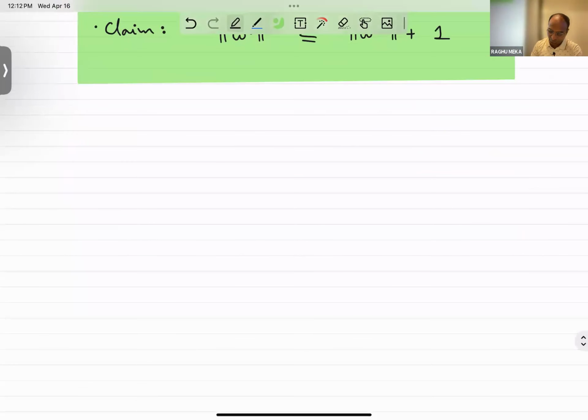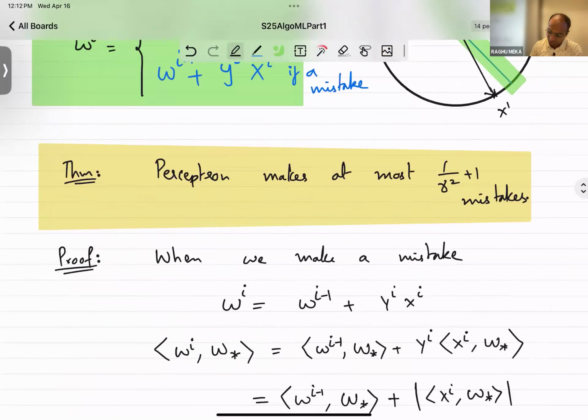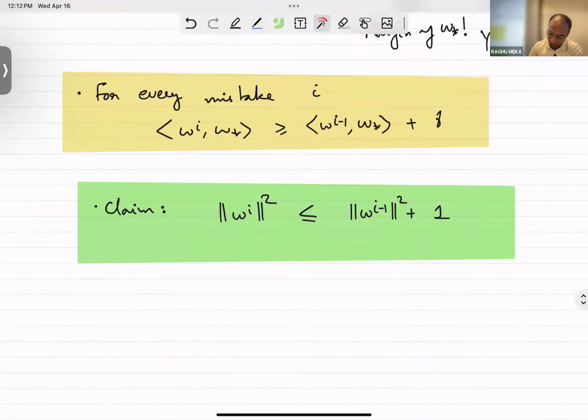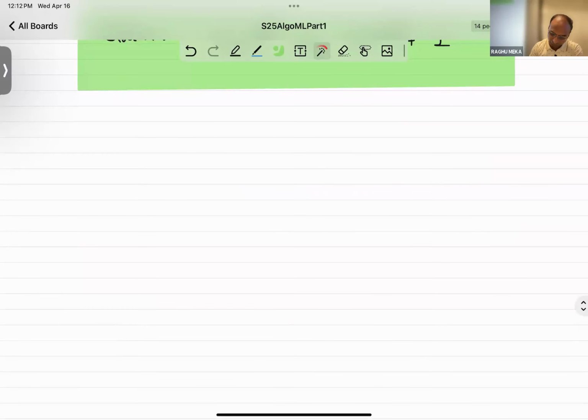Why is this true? We can draw a picture. So we made a mistake. Again, all of this is happening in a round where we made a mistake.